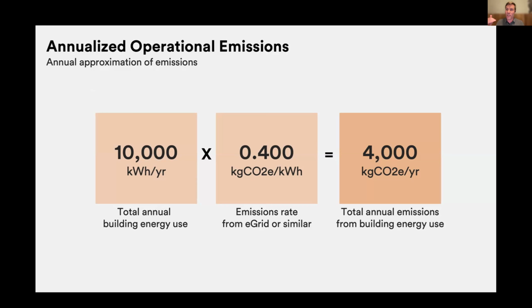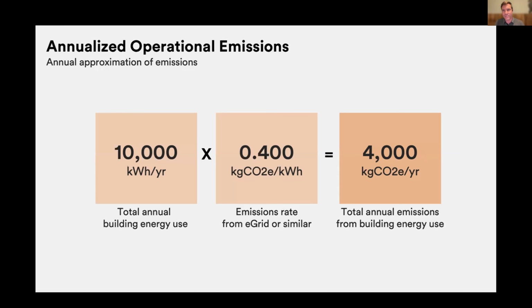You might do a parallel calculation if there's on-site fossil fuel use, but it's a really simplified approach to operational emissions. And again, this is still the back-of-the-envelope calculation that you see embedded in many tools, workflows, and even policies describing operational emissions.